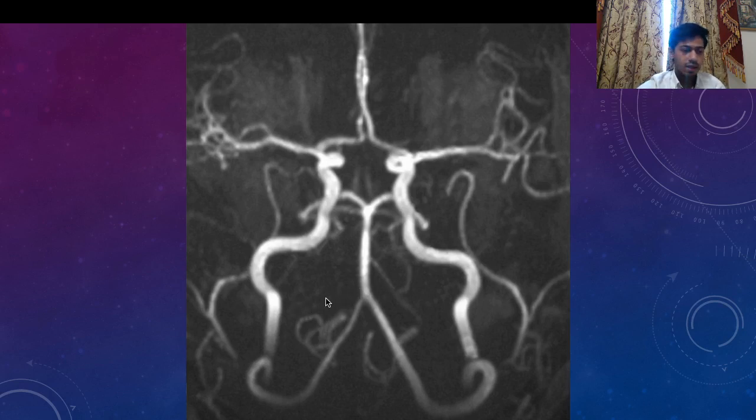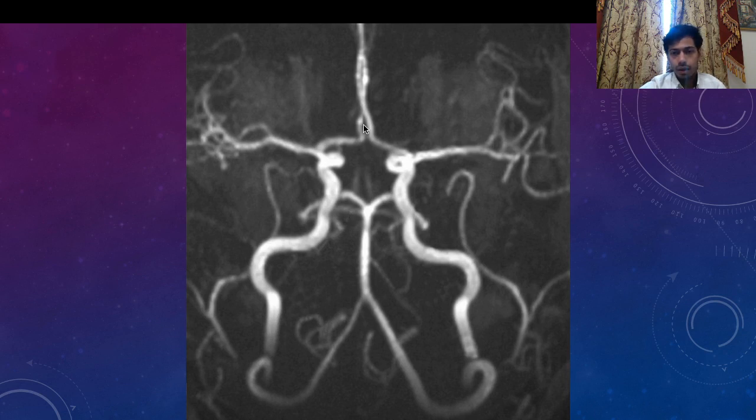That will be the first branch. Then it will give off the pontine arteries, the pons, and then the superior cerebellar artery before you get to the posterior cerebral artery.